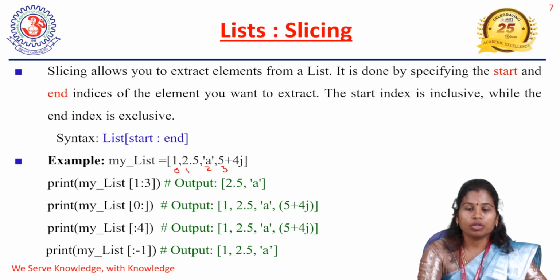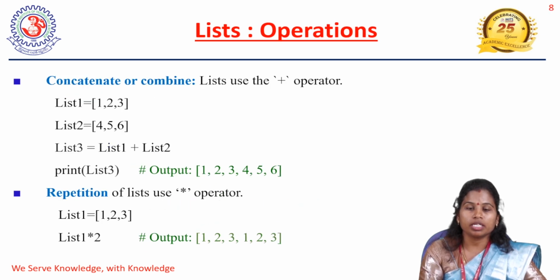So now coming to the different list operations. Lists have different operations. One of the operations is concatenate or combine. Using this plus operator, we can combine the list elements. Here list 1 is defined with elements 1 comma 2 comma 3. List 2 is defined with elements 4 comma 5 comma 6.